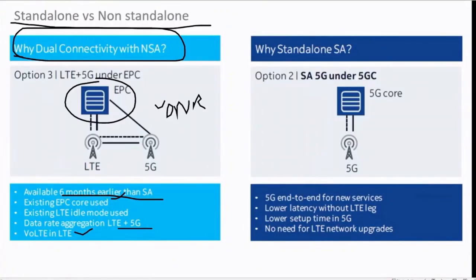But then we have this standalone mode. NSA is a good option, but an NSA network is not a complete 5G end-to-end network until the core supports the 5G core functions, right? Using the LTE core may be a short-term solution for some operators, but it won't satisfy their long-term objectives.